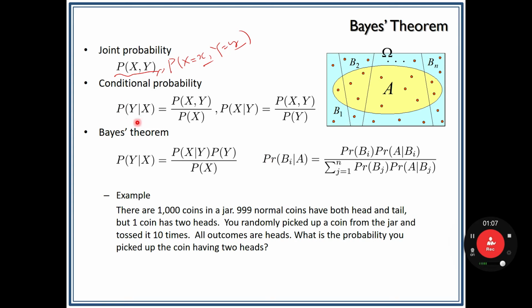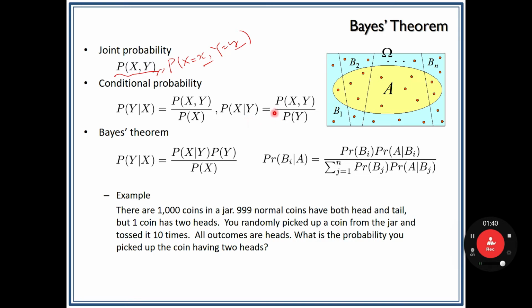of y given x is the probability that y happens given that event x already happened, and that is given by this formula, which is the joint probability of x and y over the marginal probability of x. And likewise, the probability of x given y means that I want to know the probability that x happens given that y already happened.